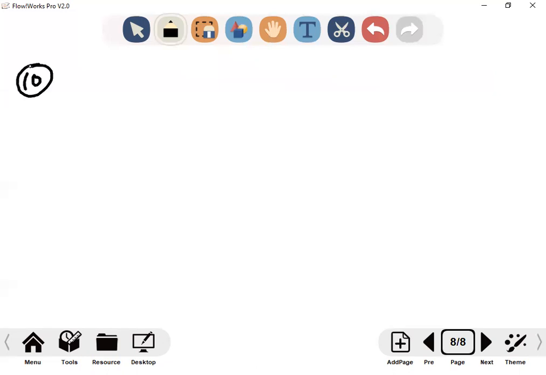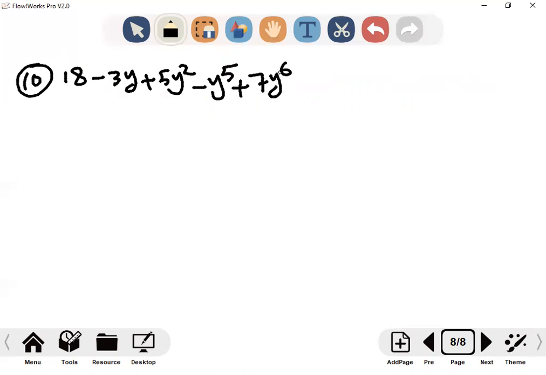We have 18 minus 3y plus 5y power 2, minus y power 5 plus 7y power 6, right? Is this in standard form? It is not in standard form.